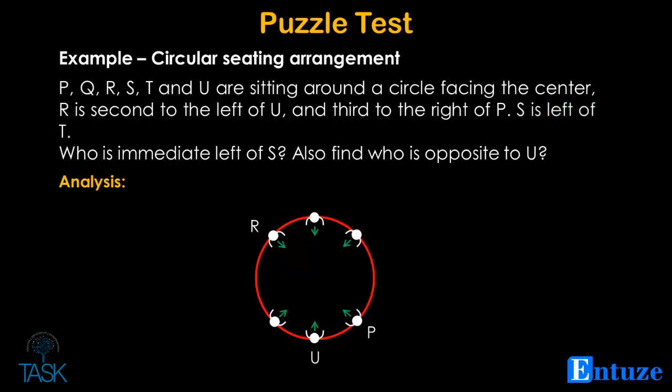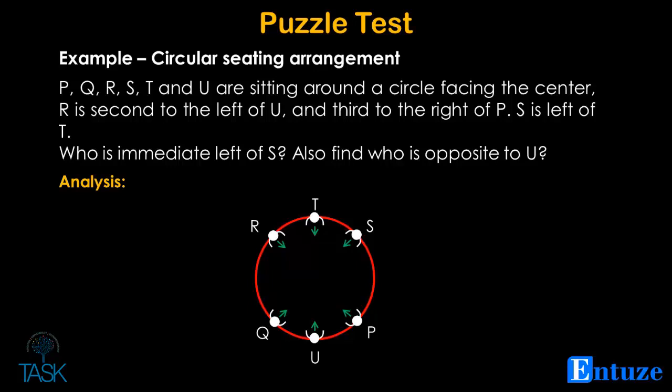We observe from the current status of the diagram that to place S and T side by side, there is only one option, which is to place T to the left of R. And obviously S will occupy the place to the left of T. So we are almost done. Now we have only one unoccupied place and one letter Q which is not allocated. So we place Q in its rightful place.